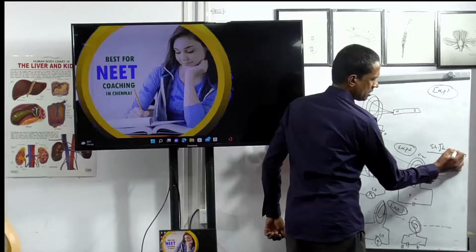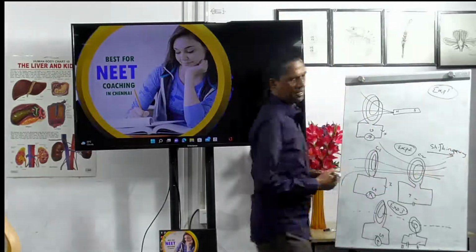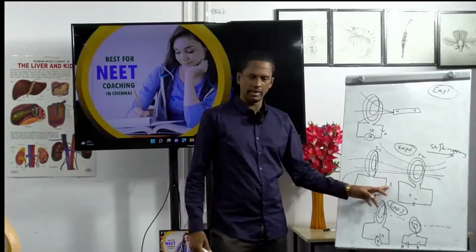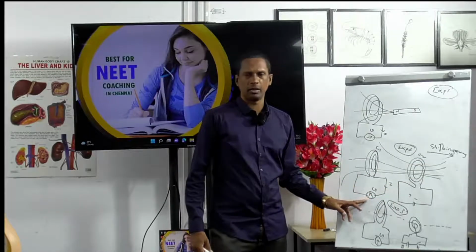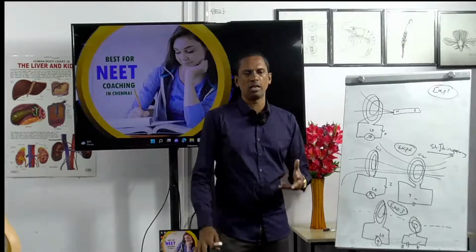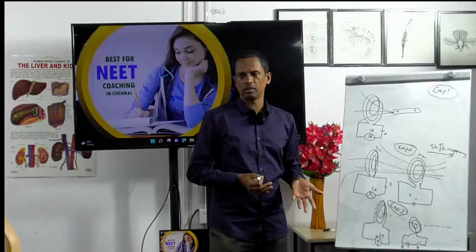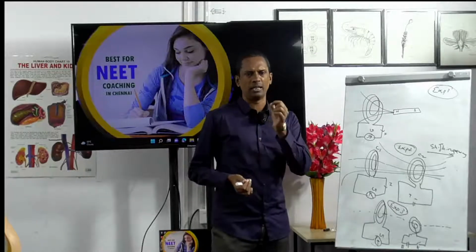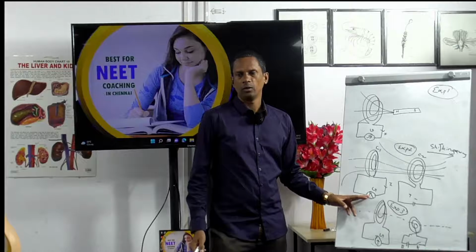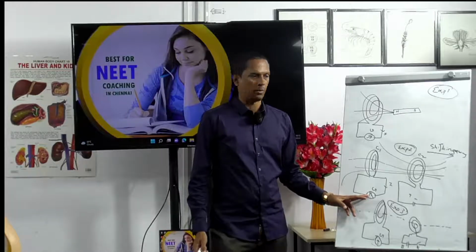When it moves, immediately you get a current. How do you measure the current using the galvanometer? By deflection. We don't want a 1000 megawatt or 1 megawatt current, just a little bit of current, and immediately you can see the deflection in the galvanometer.